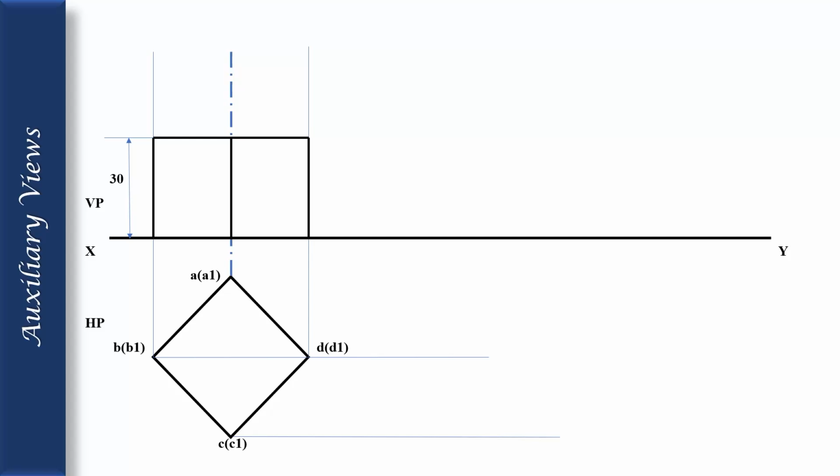Because it is height, it is hidden. So the height is 30, and because it is a cube, anywhere you take it will be 30 only.